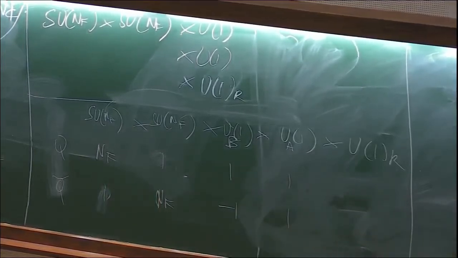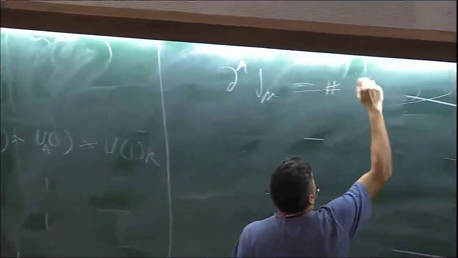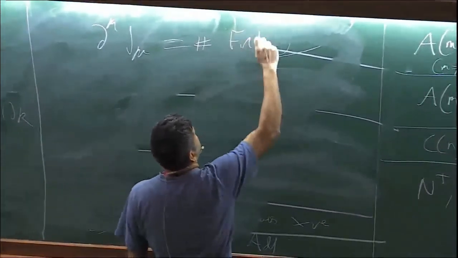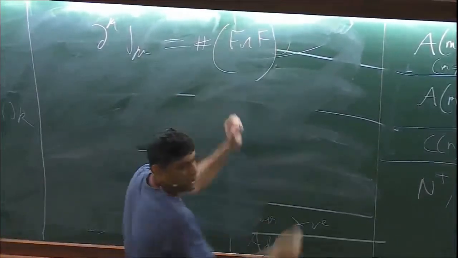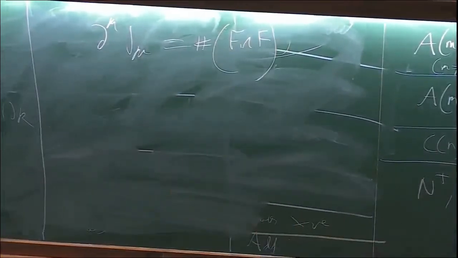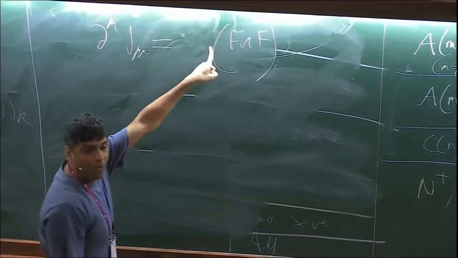So I'm computing ∂_μ J^μ of that U(1) current equal to some number times F wedge F. Let's normalize this F wedge F, whatever the normalization is, 1 over 32π², whatever it is, so that it integrates to an integer. That's implicit in my definition. I can ask, what is this number?